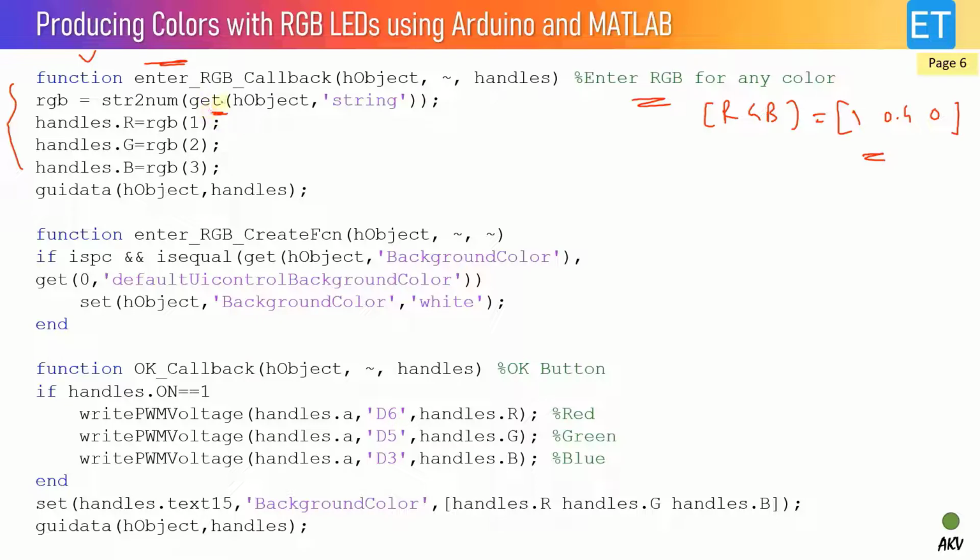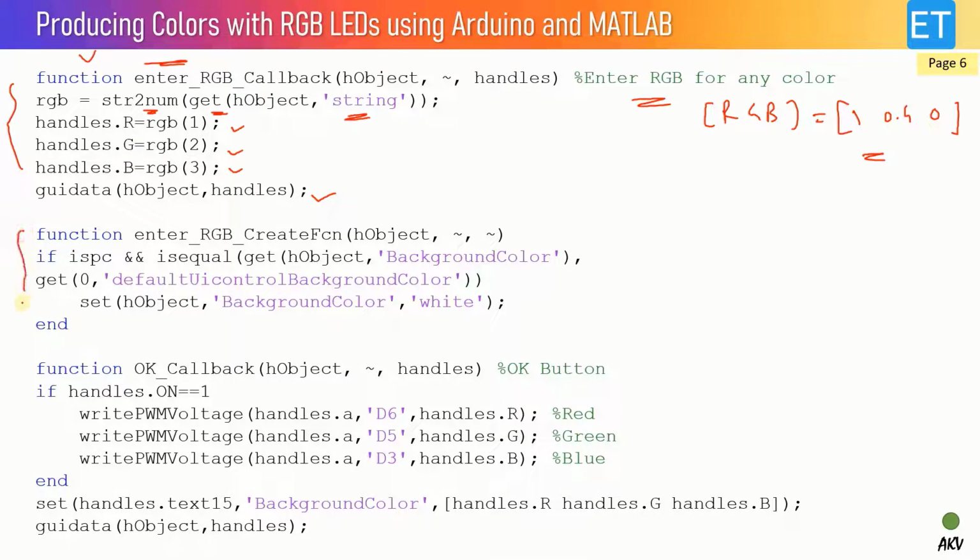We get whatever we entered in the text field in the form of a string, convert that string into numbers, and extract the RGB values. So handles.r equal to RGB1. I mean, we are taking the first value for red, second value for green, third value for blue, and updating the handles. So all the RGB values are now entered into handles.r, handles.g, and handles.b.